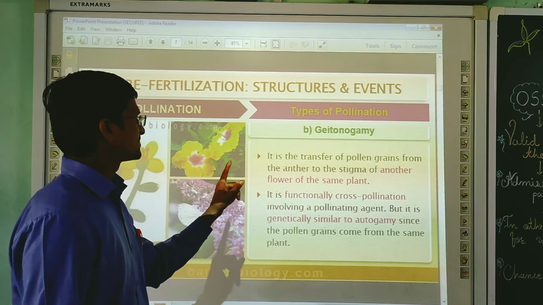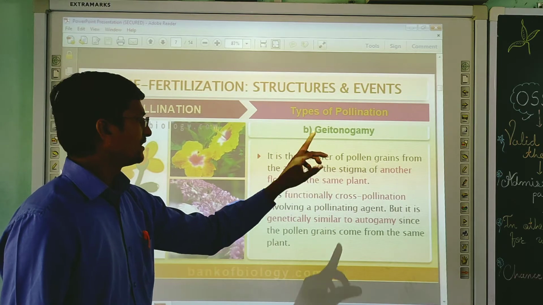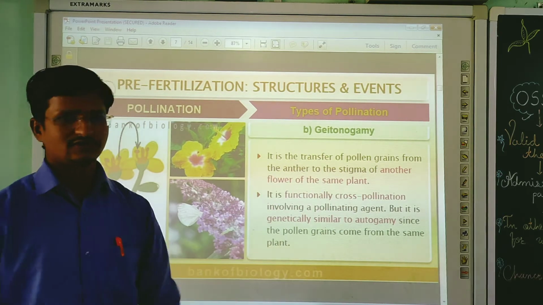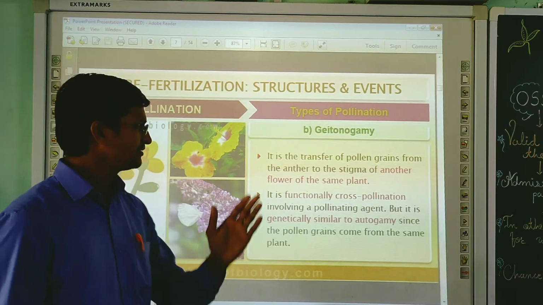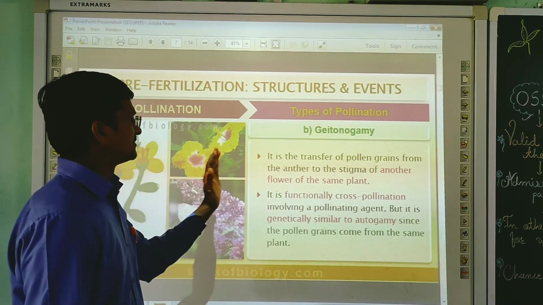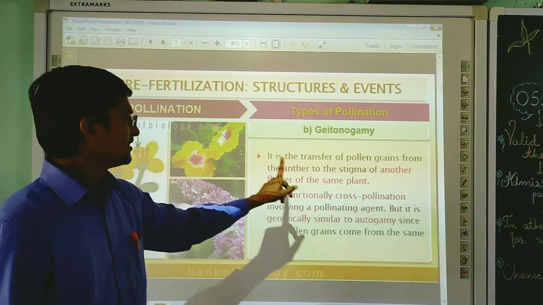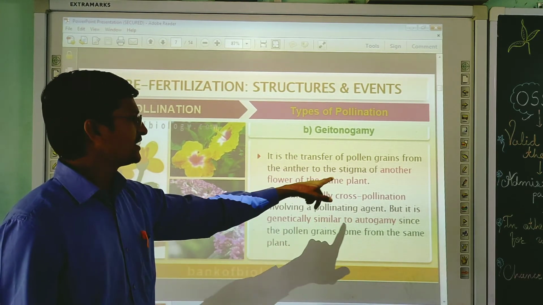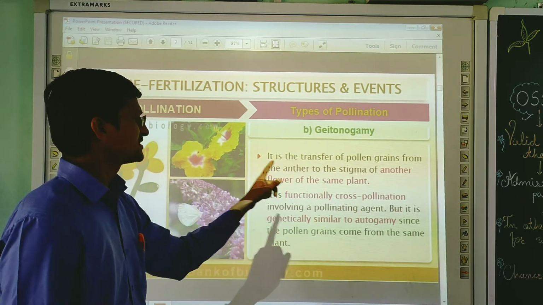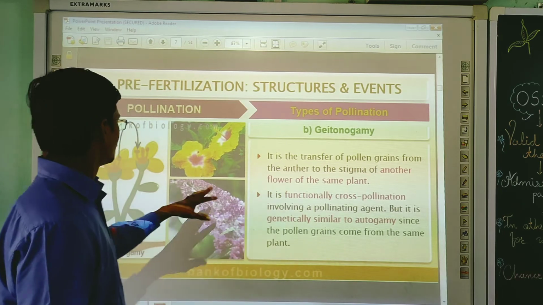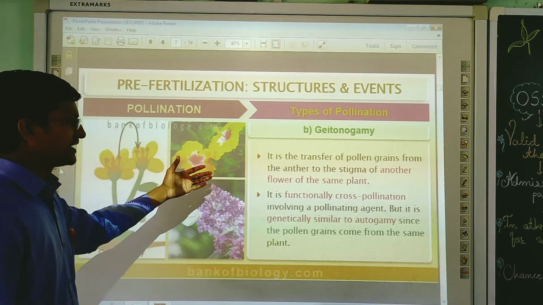Geitonogamy is the transfer of pollen grains from the anther to the stigma of another flower of the same plant. Understood? It is generally cross pollination, with the same plant involved. Here we can take jasmine as an example.